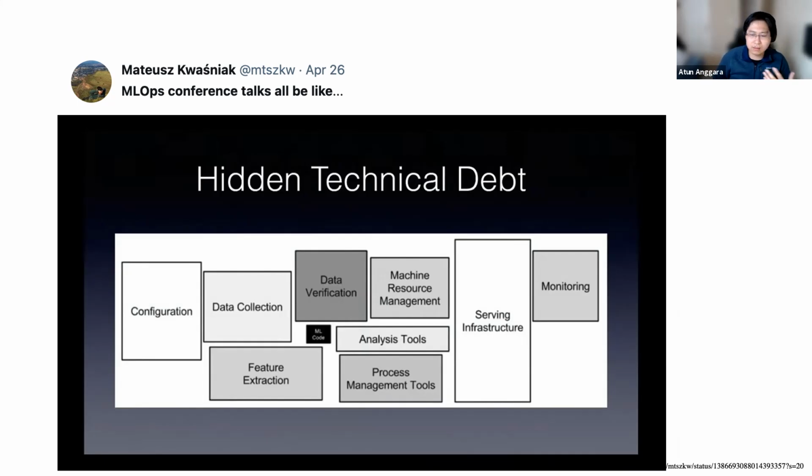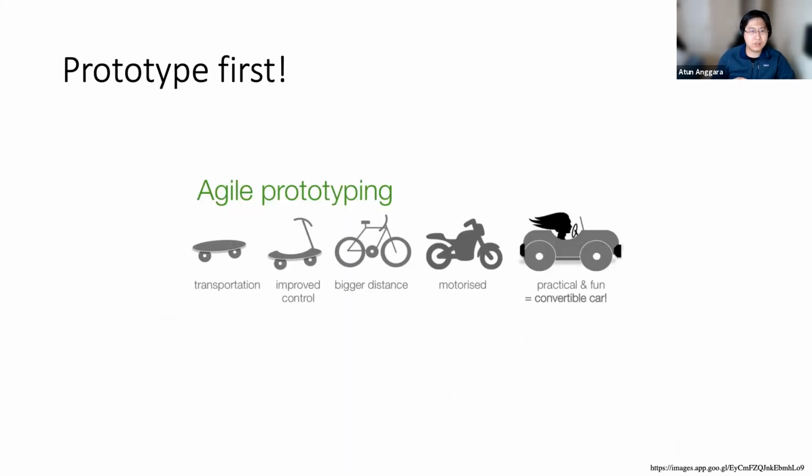And this really comes from the Google paper, the hidden technical debt, right? So to overcome all these things, let's start with agile prototyping. Start with something simple, right?